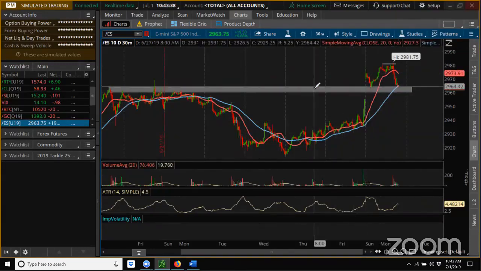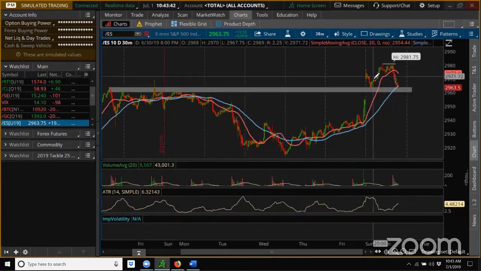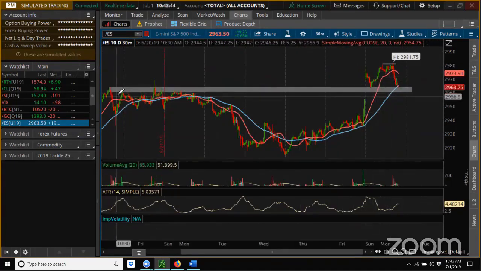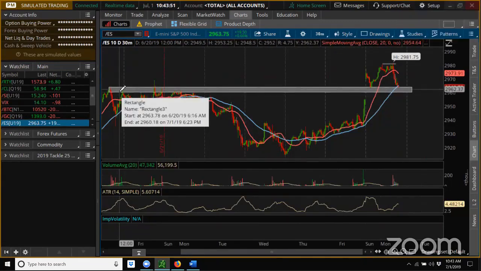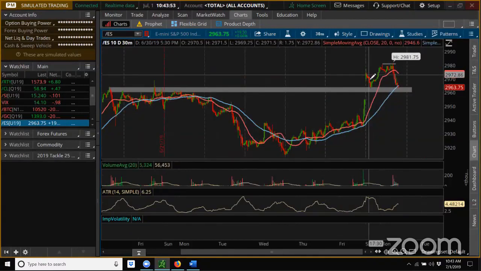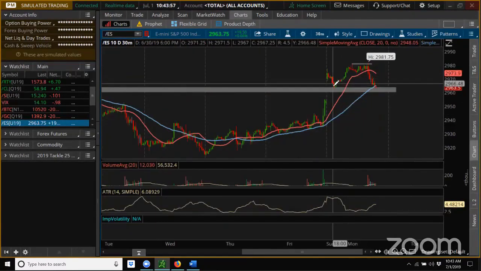It absolutely does. When you have a failed support level, typically you go find the next level of support. You're stepping down the stairs. And this resistance level, Tim, that's the all-time high resistance level. So when you're talking about this resistance level at 2960 and you gap over that, and look what happens on the gap. You gap over that, immediately retrace back down, and then what happens here?